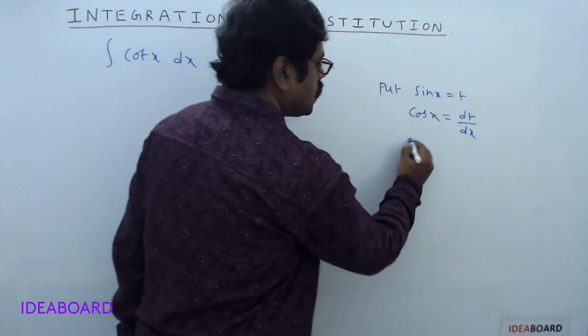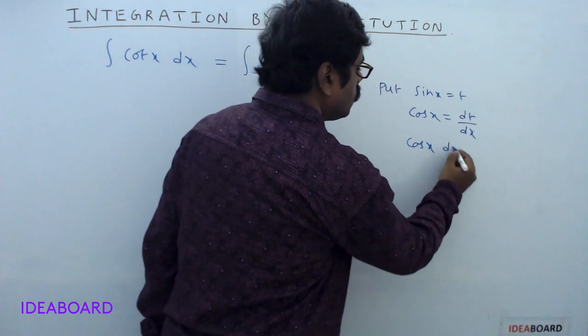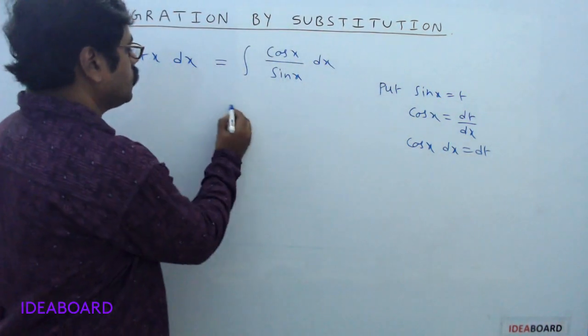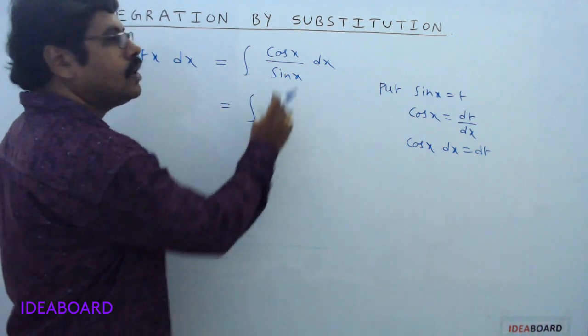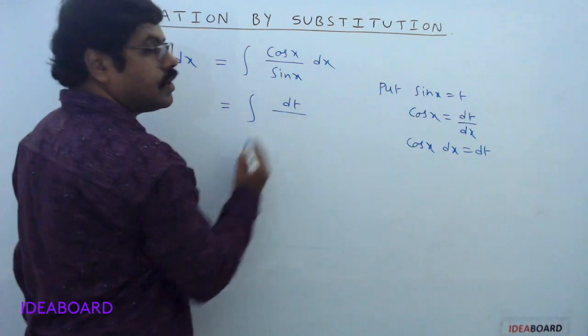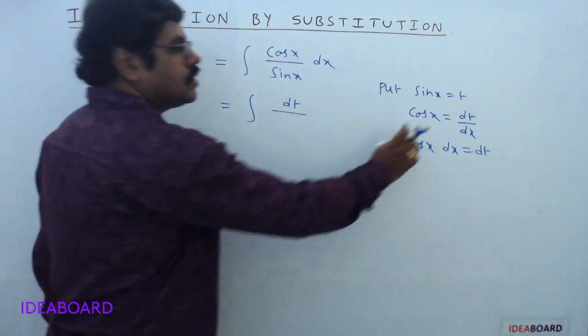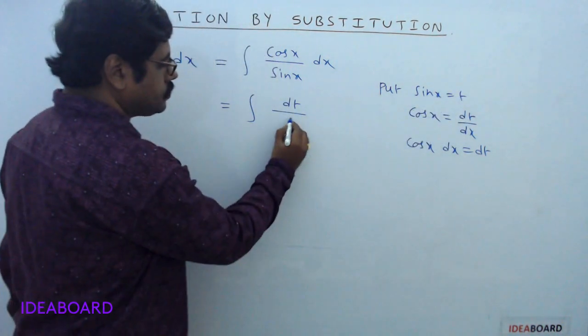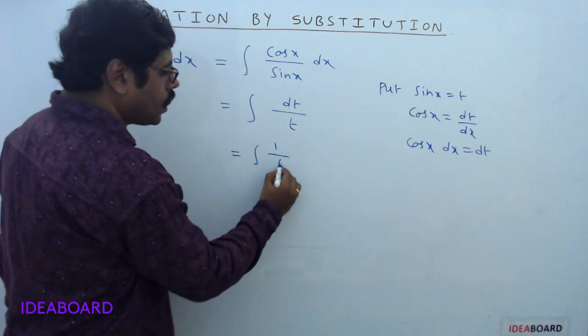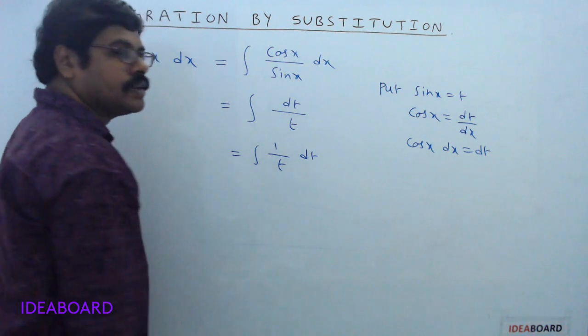Now from this equation, cos x into dx equals dt. Now this is integral of dt divided by sin x. Sin x value is t. Now this equals integral 1 by t dt.